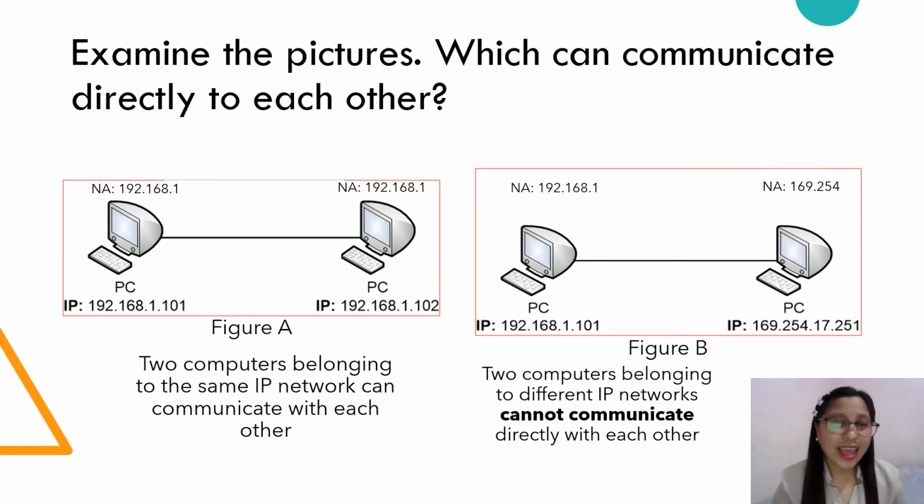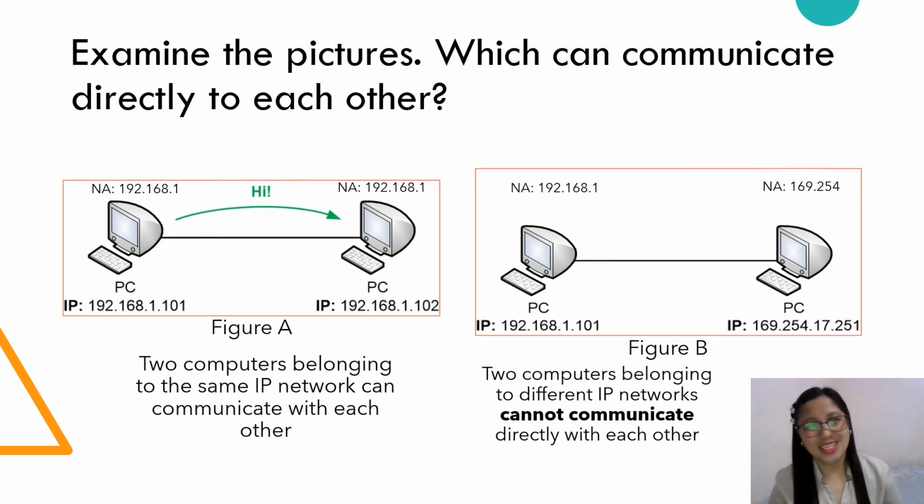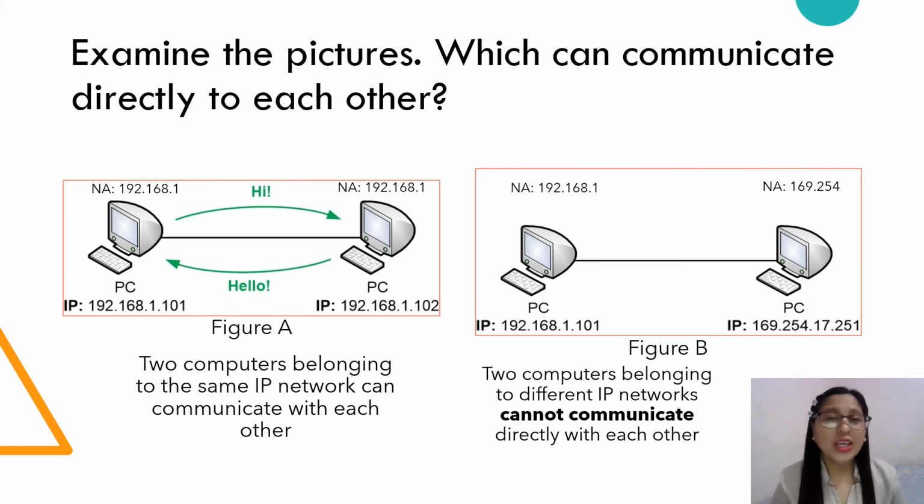So in figure A, when PC1 sends a message to PC2, PC2 can receive the message and can reply to PC1. In figure B, when PC1 tries to send a message, PC2 would not receive it since there is no communication between the two.